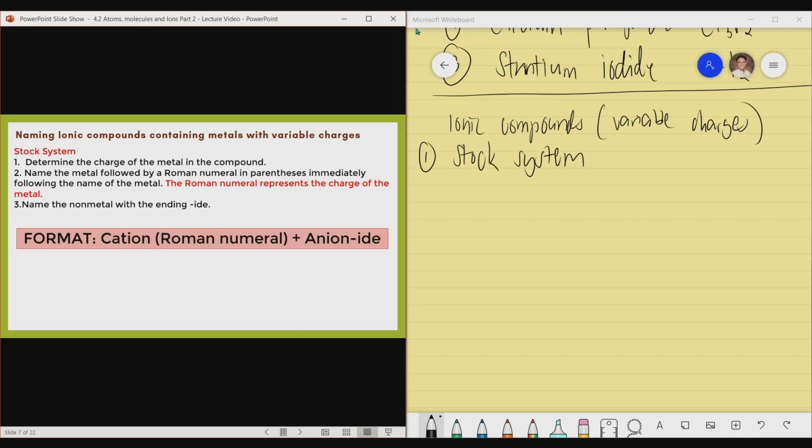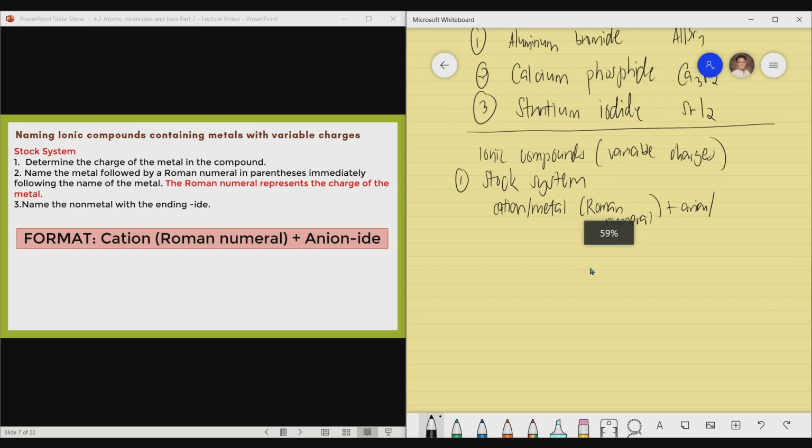So in the stock system, we can actually have cation, or we can name this one as metal, and then you have here the Roman numeral, plus the anion or non-metal, and then IDE.